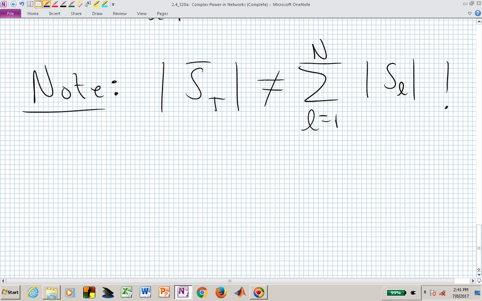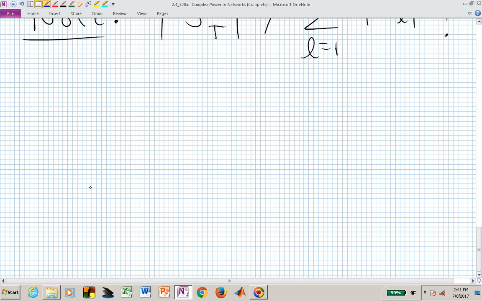Suppose that we had just two loads. One maybe had a real power of P1 and a reactive power of Q1, for a complex power of S1.